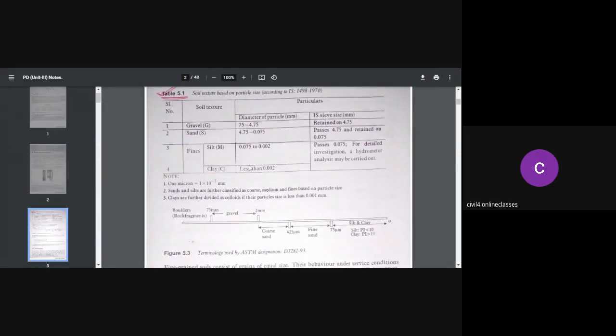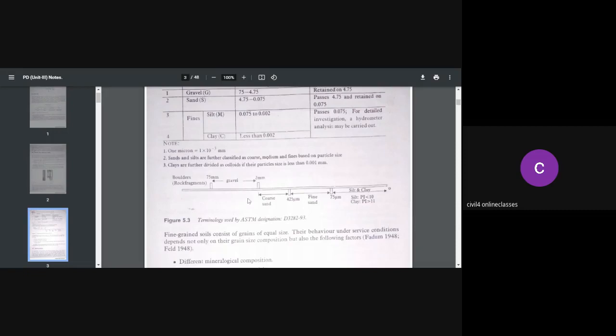For the fines, generally we carry out a hydrometer analysis for detailed investigation. 1 micron is equal to 1 into 10 power minus 3 mm, or 1 mm is equal to 10 cube microns. That people know. Sands and silts are further classified as coarse, medium, and fine based on the particle size. Clays are further divided as colloids if their particle size is less than 0.001 mm.